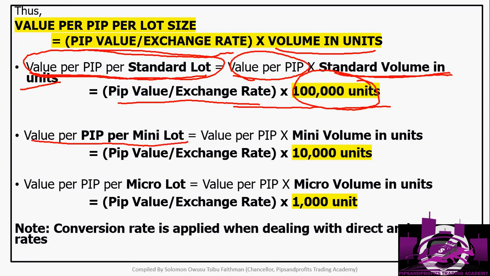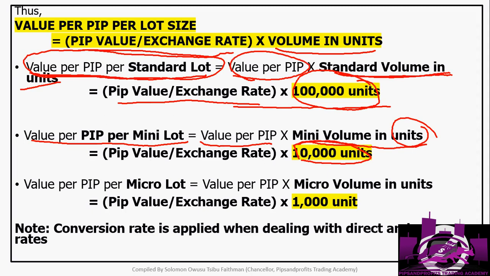And then value per pip per mini lot is going to be the value per pip times mini volume in units. So mini volume in units is 10,000, if our ticket is 5 and our contract size is 100,000.